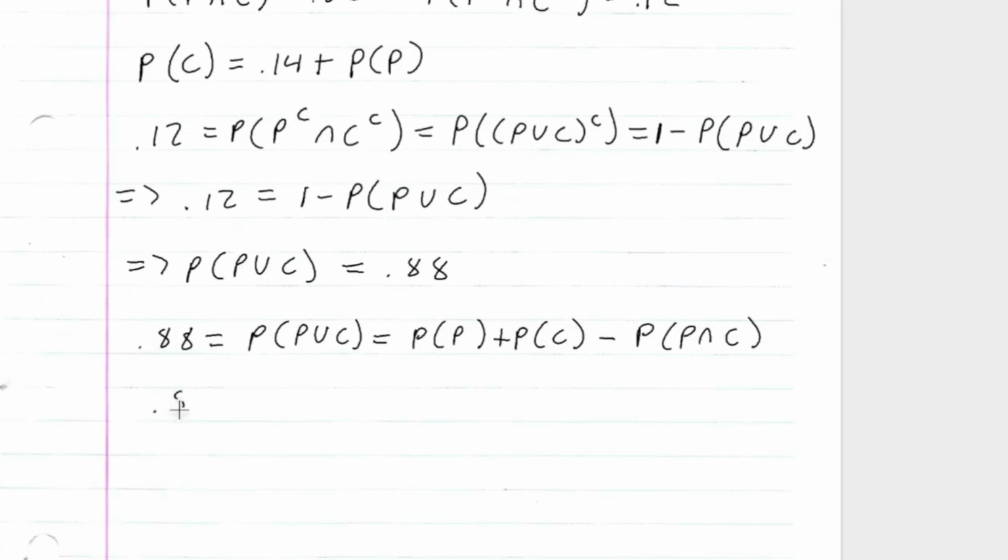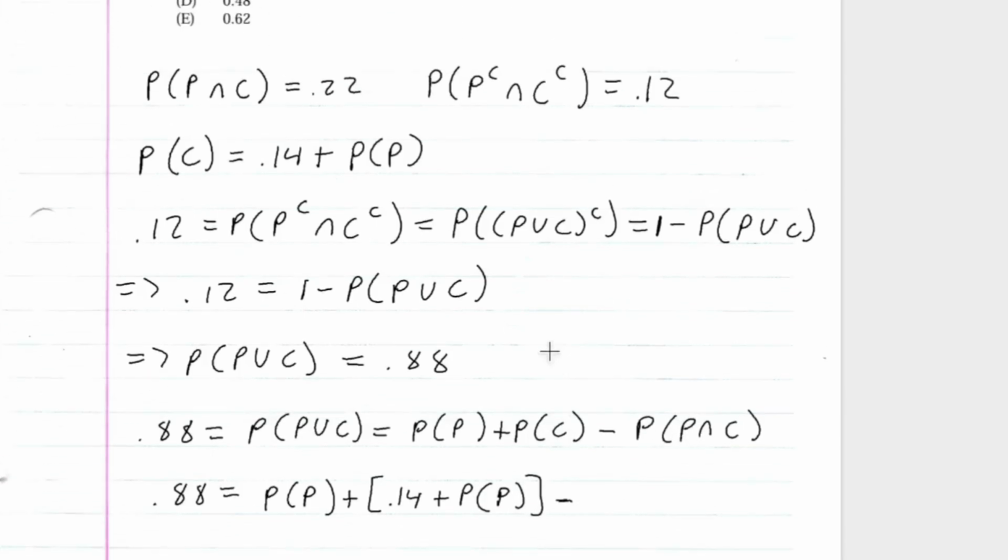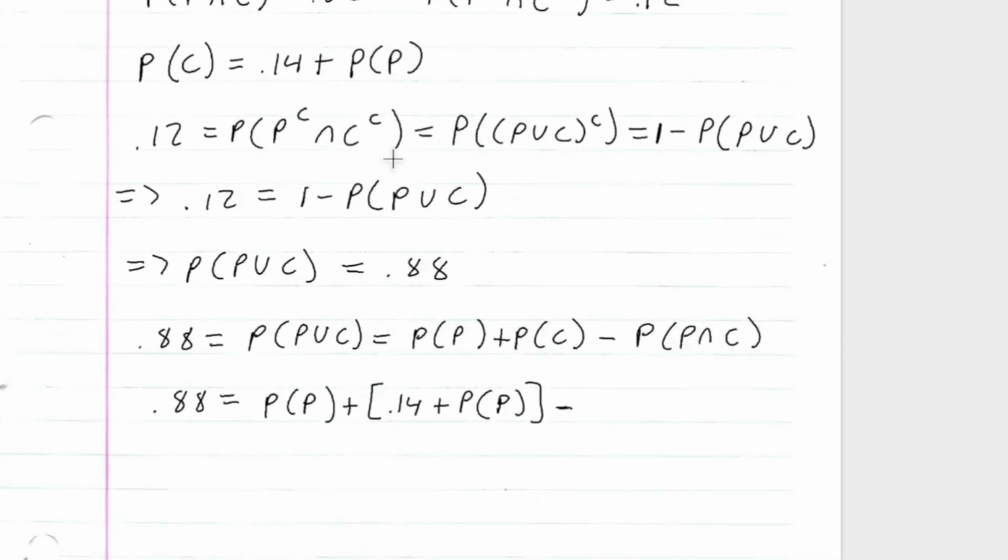So I get 0.88 is equal to the probability of P. And remember, the probability of C is 0.14 plus the probability of P. So plus 0.14 plus probability of P. And then minus, and we found, or we have this, is 0.22.